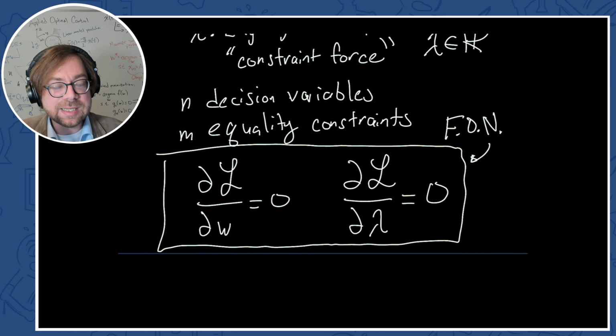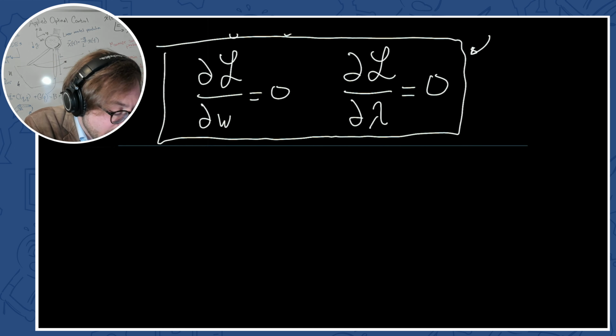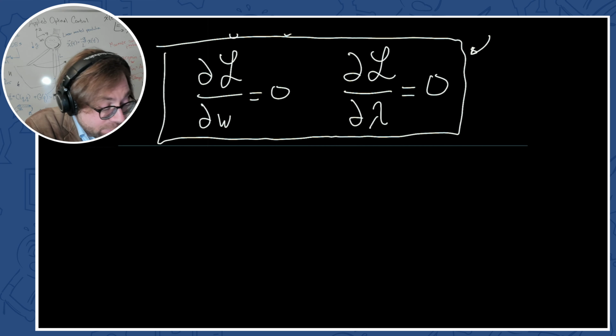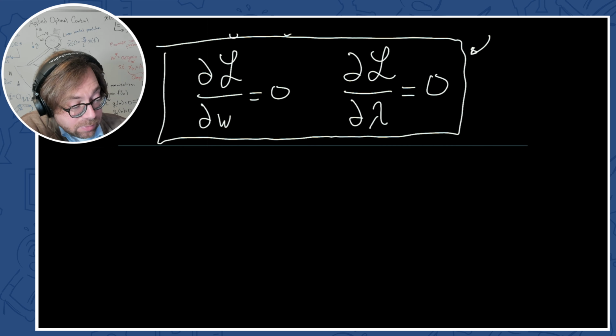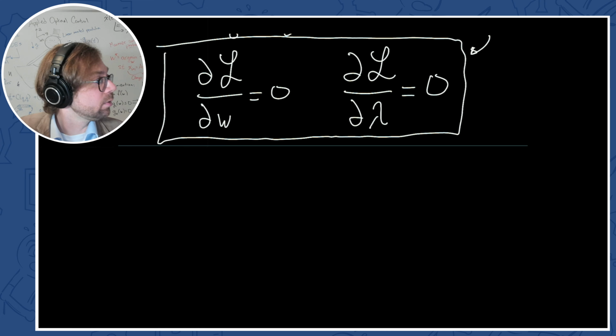Knowing that we need to have a Lagrangian and find the point where the derivative with respect to w and the derivative with respect to lambda are equal to 0. So let's try this out in code.